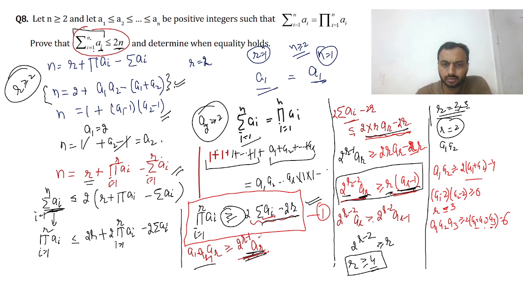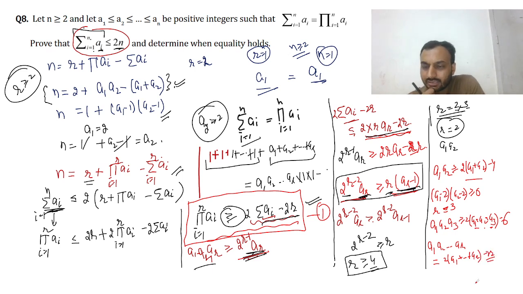let's say we have this form: summation of product of ai is greater than or equal to twice the summation of ai minus 2r. So I can start from here by using equality. At that point, a1 a2 ... ar is equal to twice the summation minus 2r, right?